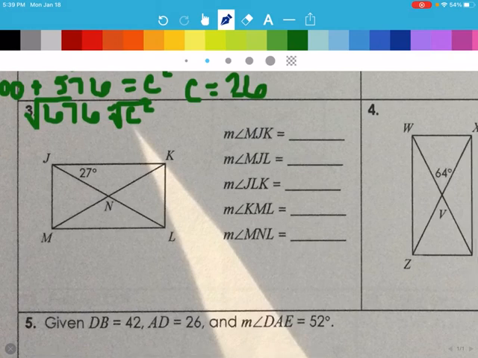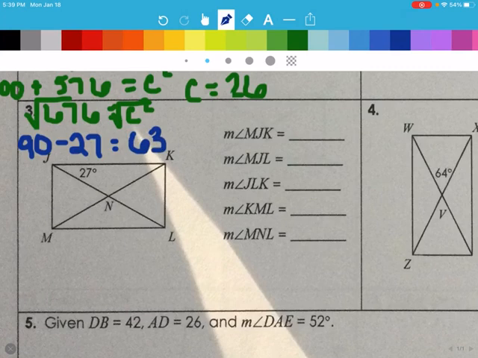Again, number 3, looks like in this case they're looking for all angles. So real fast, we know that the angle altogether is a 90. So the first thing I'm going to want to do is 90 minus 27. That should be, I believe, 63 if I'm subtracting correctly. Yeah, so that is 63.